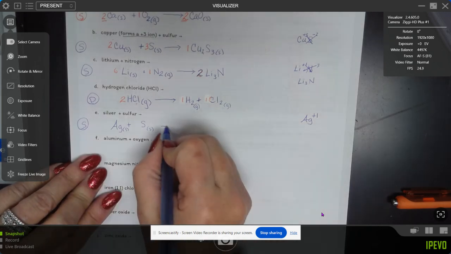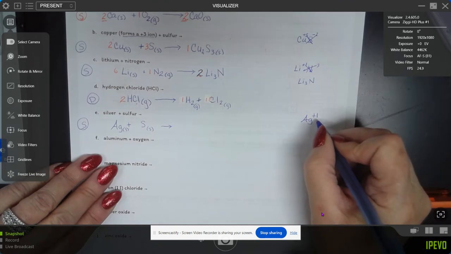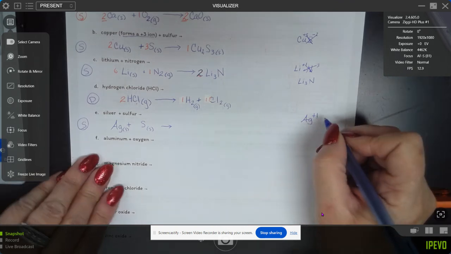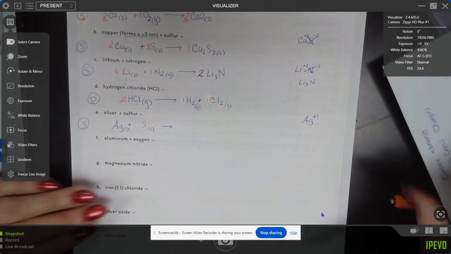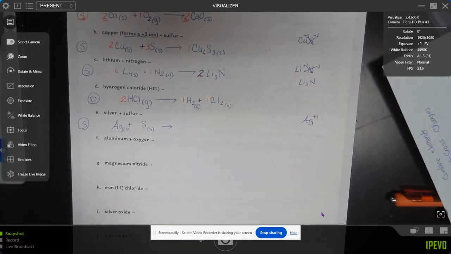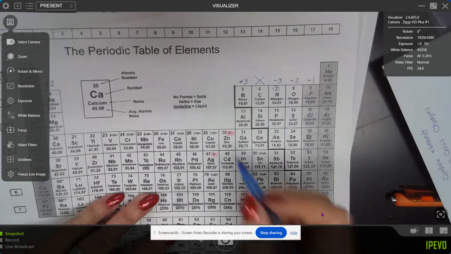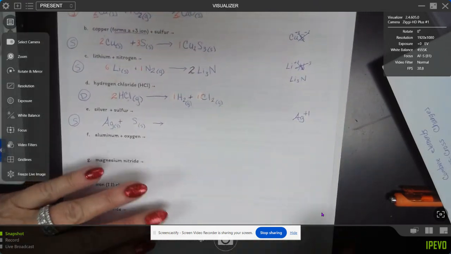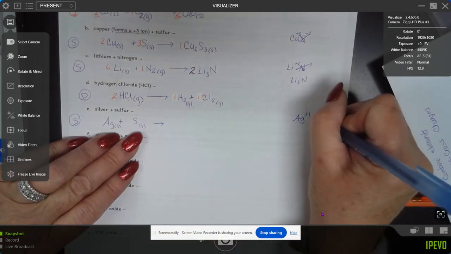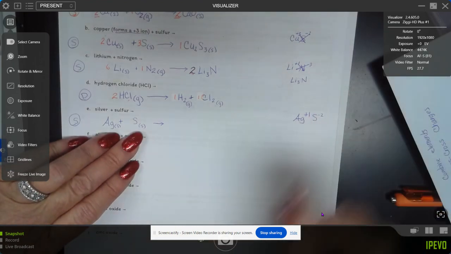All right. When we make a product, silver is always +1. You've got to remember that. If you look at your periodic table like I showed you a minute ago, it is there on your periodic table. So silver is +1. Sulfur makes a -2 ion.